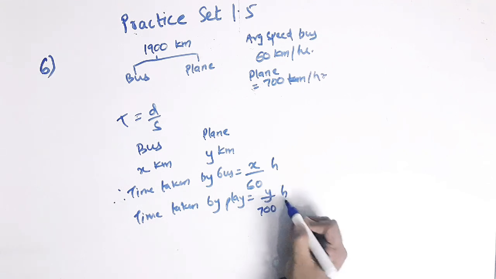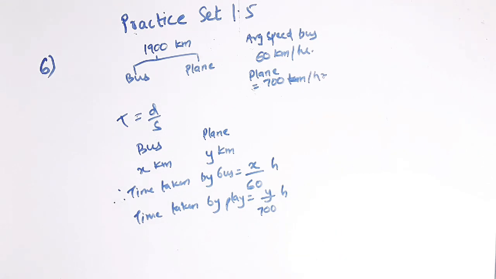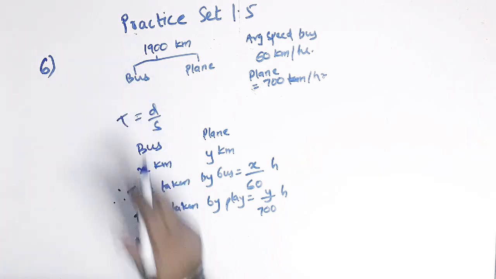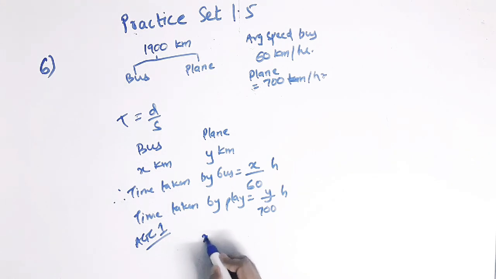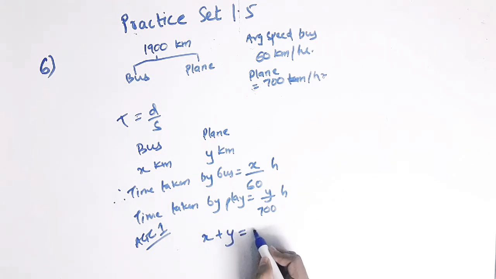Speed is 700 km per hour, so y upon 700 hours it will take. Now according to the first condition, the total distance traveled is 1900 kilometers. So the first one is very simple: x plus y equals 1900.